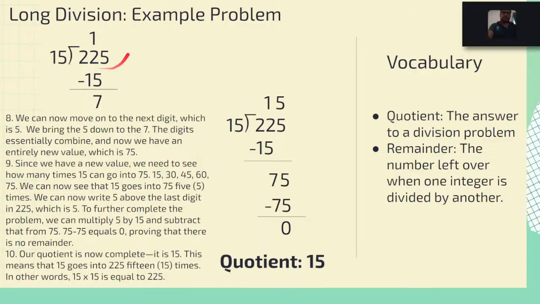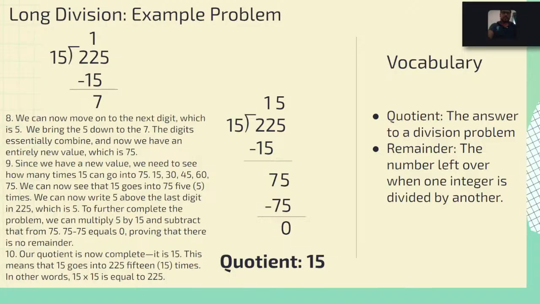We bring the 5 down to the 7. So now we combine those two values, 75. Since there are no more values to bring down, we need to see how many times 15, our divisor, can go into 75.